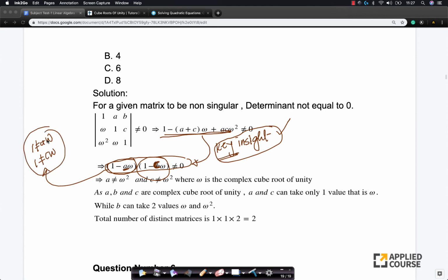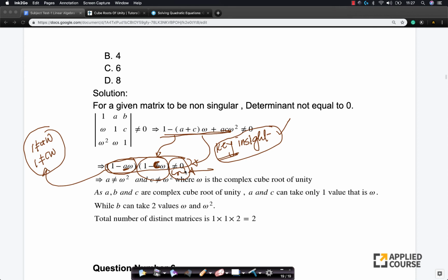To come up with these two inequations, I had to express it in this form. So whenever you have equal to 0 or not equal to 0, this is a key lesson: to find valid or invalid values, it is very important to express an expression like this as a product of two expressions like this.